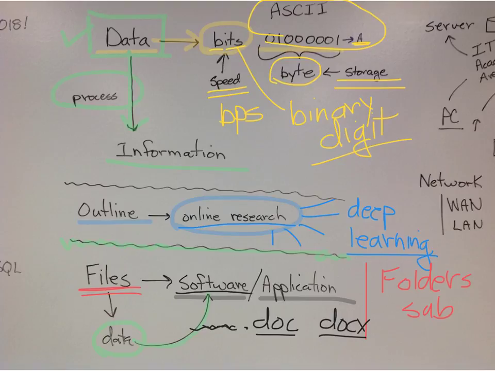So if you have a DOC or DOCX file, then you really need that application that works with the file. We did another example. We looked at a PDF. If you have a PDF file, then you need Adobe Reader to read the file. Or there's other software that will read PDFs too. Alright, that was a lot of information.